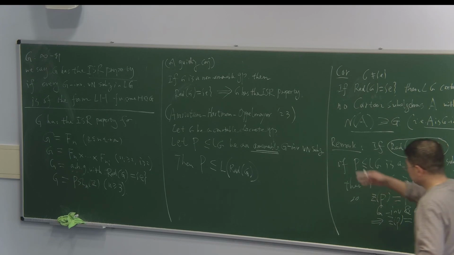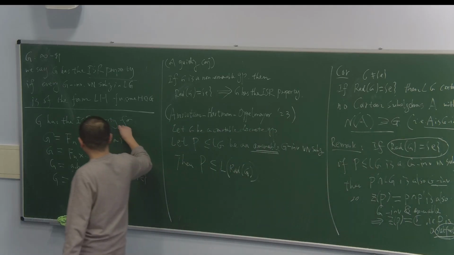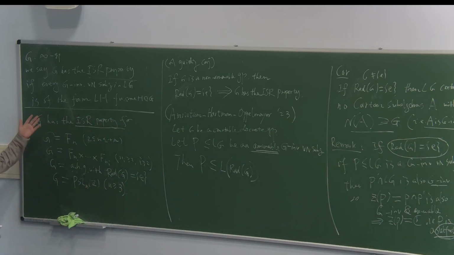For now, all these examples with the ISR property come from non-amenable groups, and we also don't know how to write down a specific example showing this is a property of the group instead of a property of the von Neumann algebra.